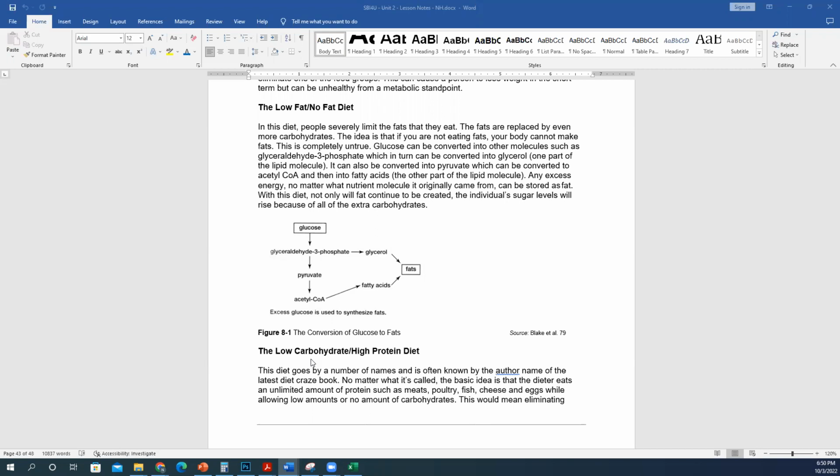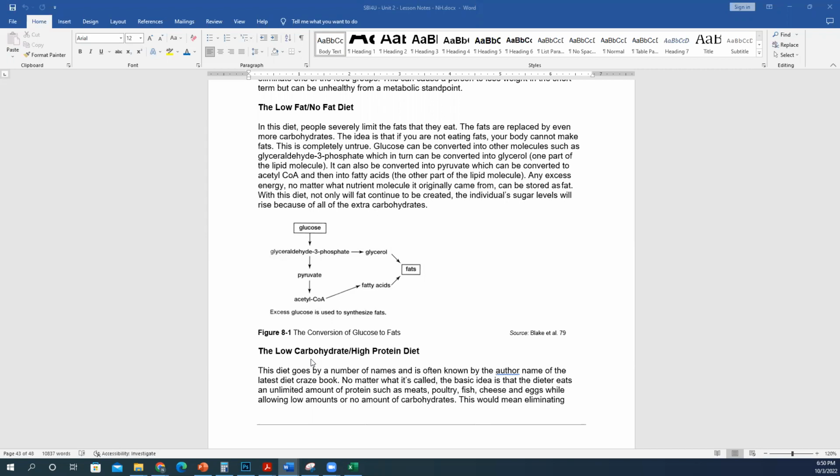You can have glucose and convert it into other molecules, such as glyceraldehyde 3-phosphate, which can then in turn be converted to glycerol. And glycerol, as you all remember, is part of the lipid molecule. It can also be converted into pyruvate, which can then be converted to acetyl-CoA, and then into fatty acids, which are really the other part of the lipid molecule.